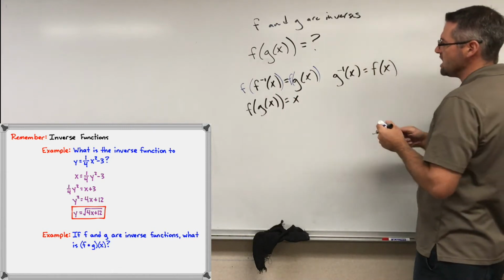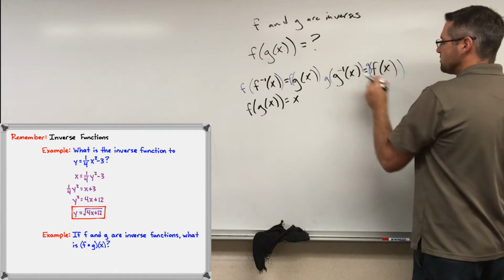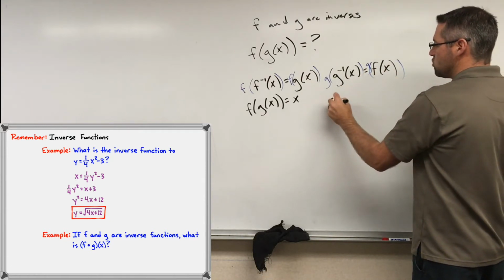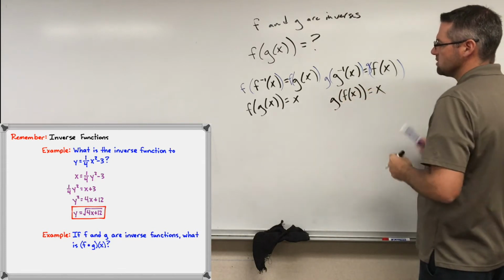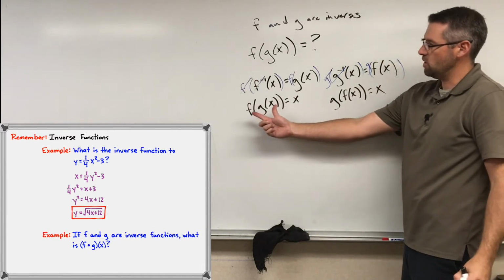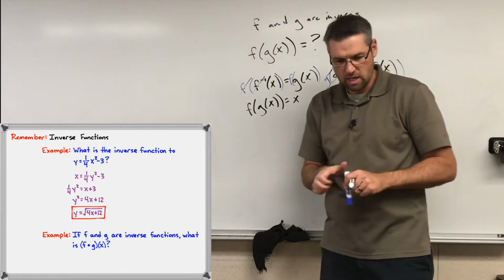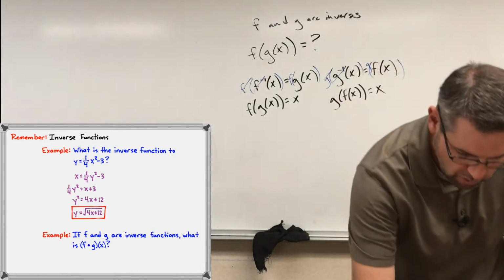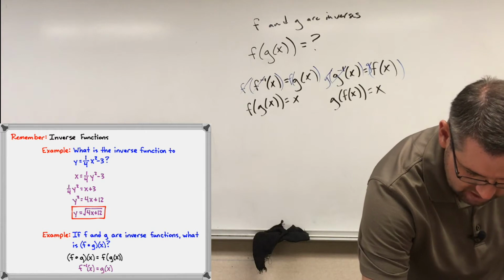If you were to do that here, you would take the g of both sides, and we would end up with g of f of x equal to x, because again, these cancel out. And so you can see, what is the composition of inverse functions? Well, it is equal to x. We can check that is true in our previous example here.